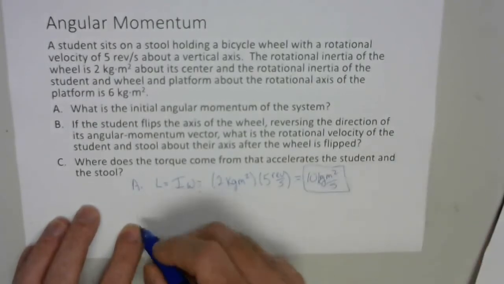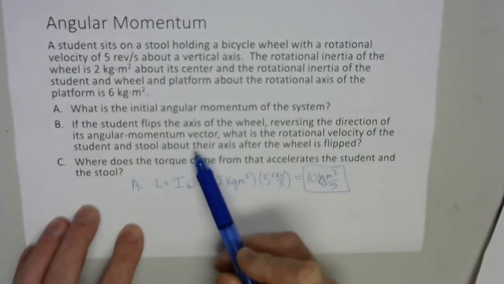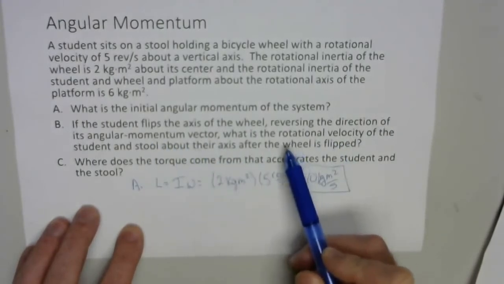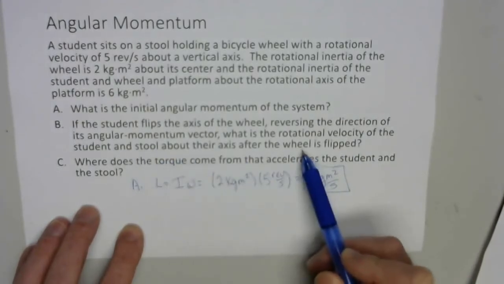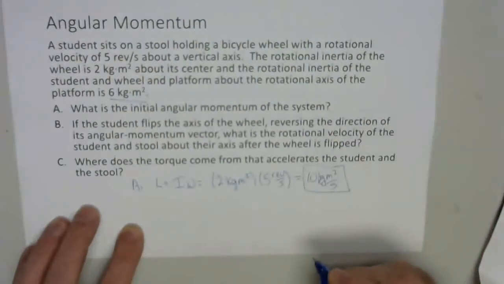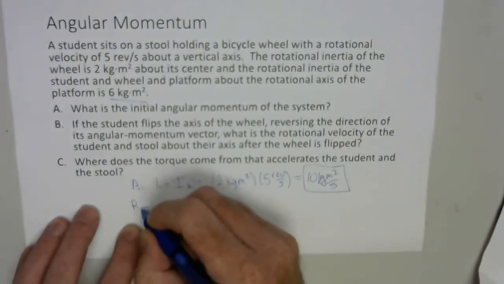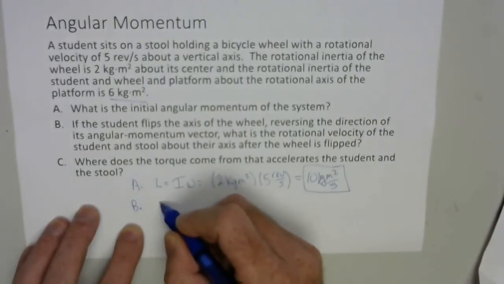So now what would be the rotation if we flip the wheel, reversing the direction of the momentum vector? What's the rotational velocity including the stool and the wheel? So now we need to use this inertia. So for B, we're just going to solve that for the velocity.